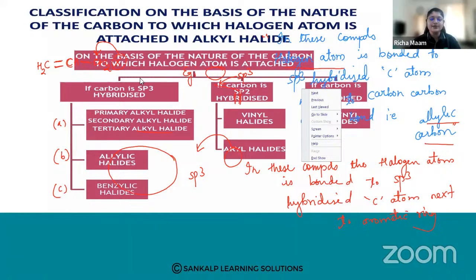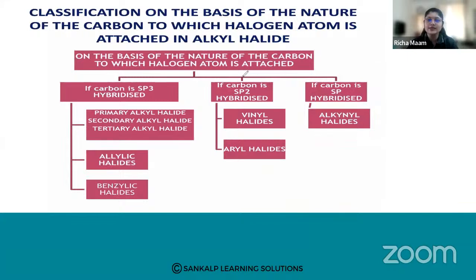So next is compounds containing an sp2 hybridized carbon, that is the C-X bond. Sp2 C-X bond means the halogen atom is attached to a carbon which is part of a carbon-carbon double bond.